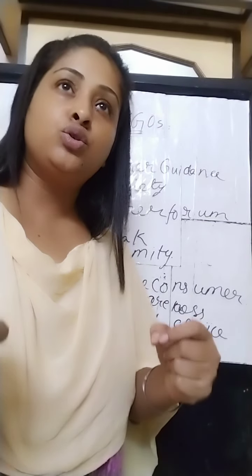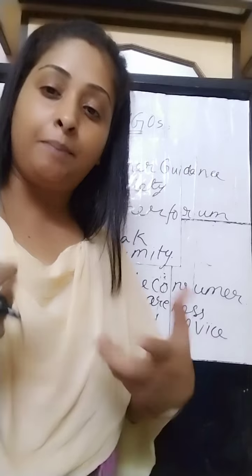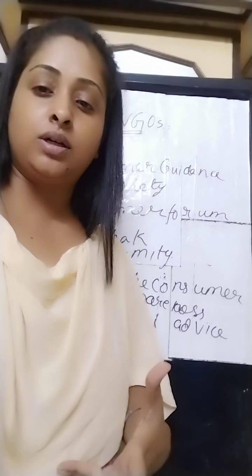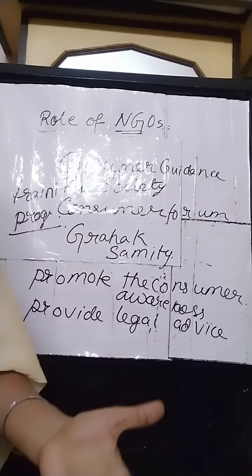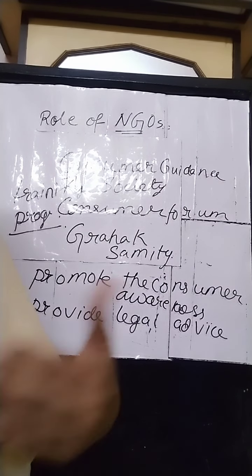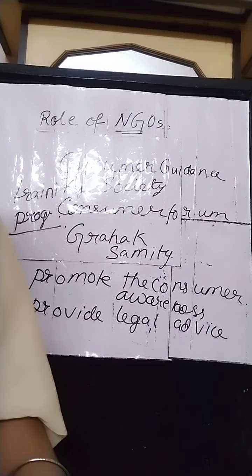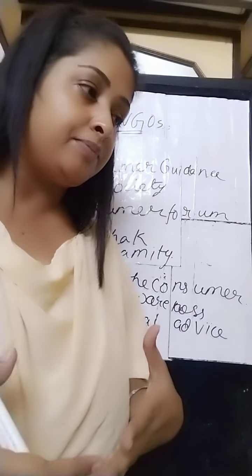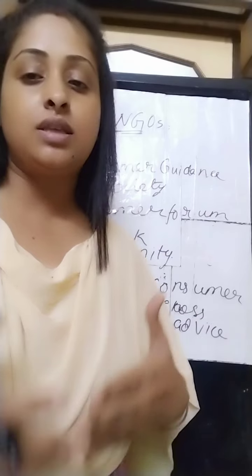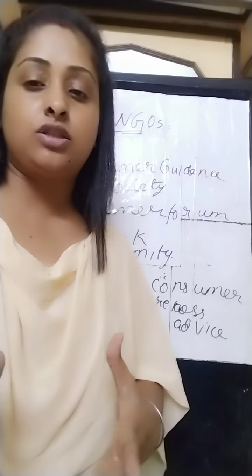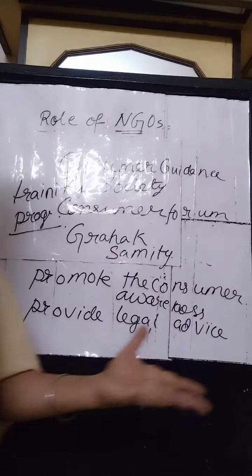This helps consumers know about the product better, and if they have any grievance, they can resolve the matter. In this way, they help in resolving the different problems and hazards faced by consumers, and protect the interest of consumers.